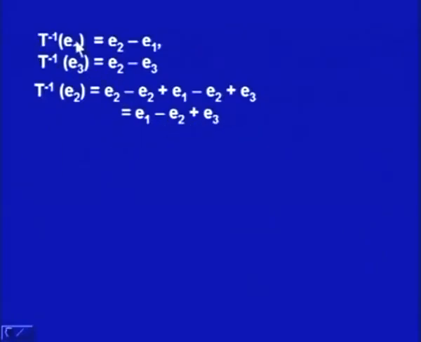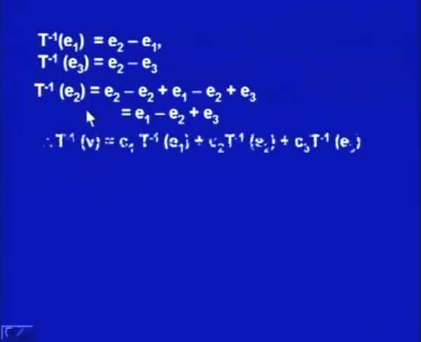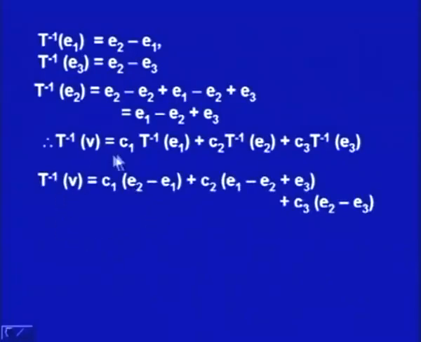So we get T inverse E1, we know what is T inverse E2, and we know what is T inverse E3, and that means we can find out what is the image for the vector V, which is C1, C2, C3. So we can write down T inverse V as linear combination C1 T inverse E1 plus C2 T inverse E2 plus C3 T inverse E3, and that means T inverse V is determined. And substituting these values, T inverse V is equal to C1 (E2 minus E1) plus C2 (E1 minus E2 plus E3) plus C3 (E2 minus E3).